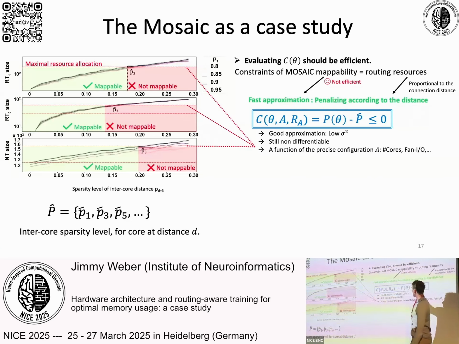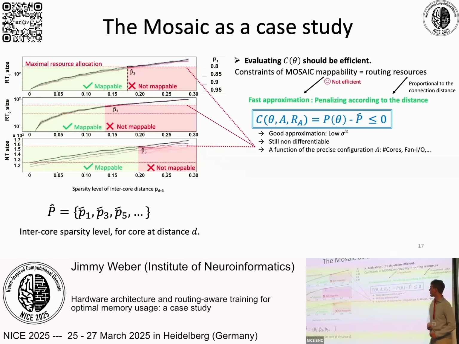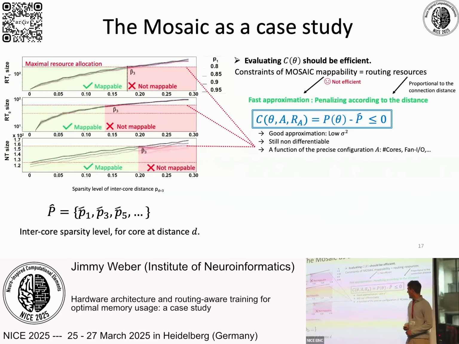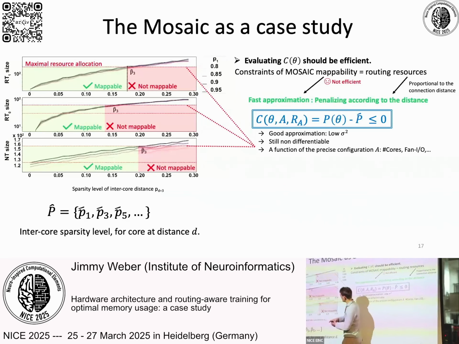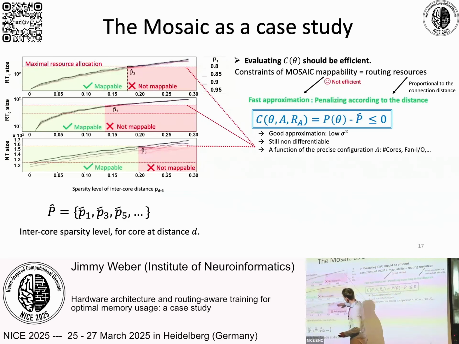Here, the hard constraint based on sparsity is also non-differentiable. So we didn't solve yet the non-differentiability, and the constraint here is still a hard non-differentiable constraint. And finally, the mappability here depends on the resources that we have on our different elements, right?